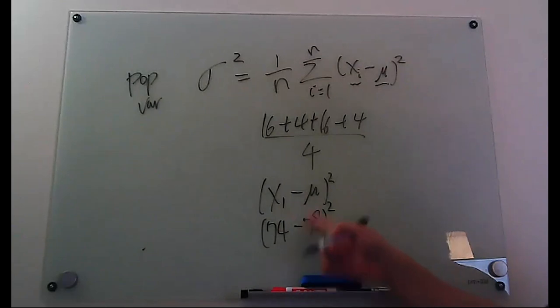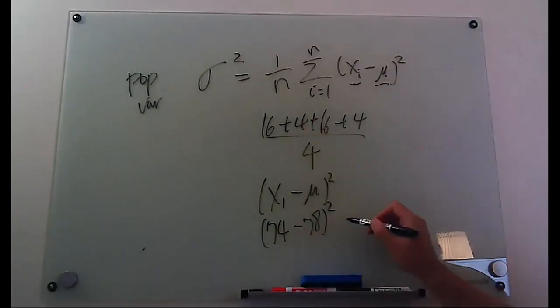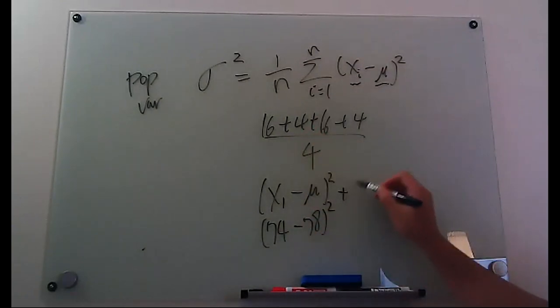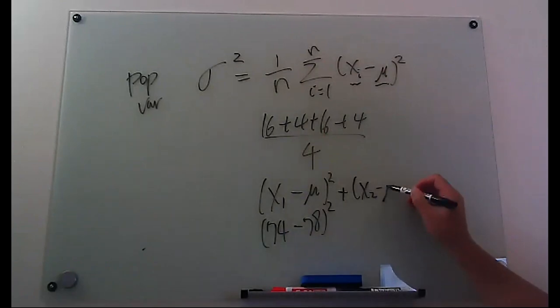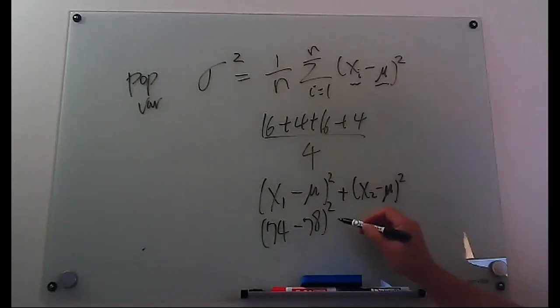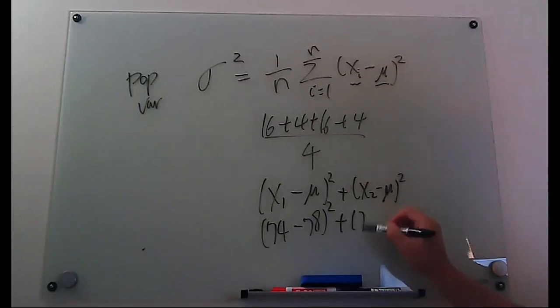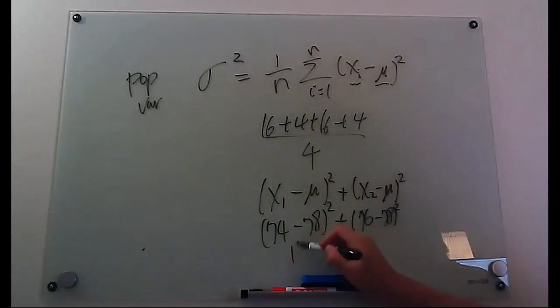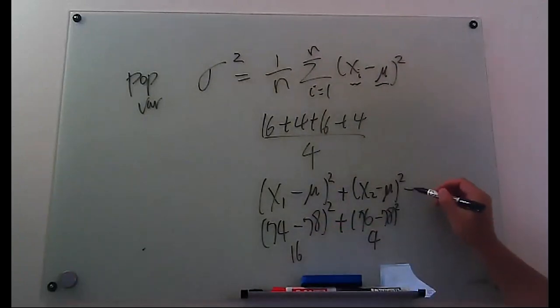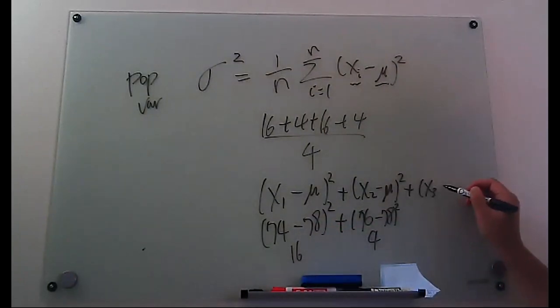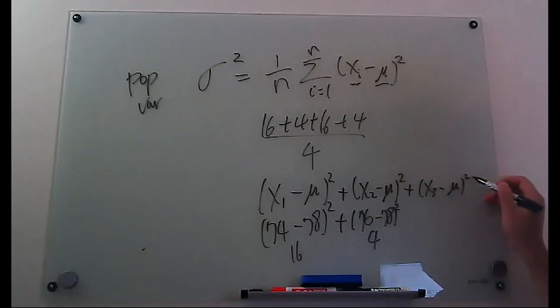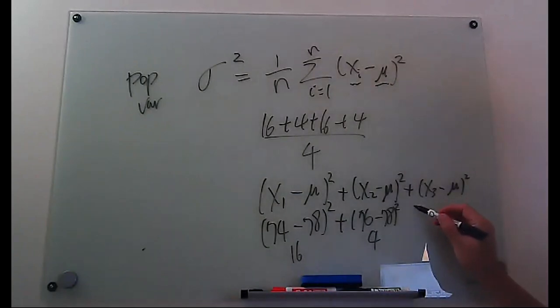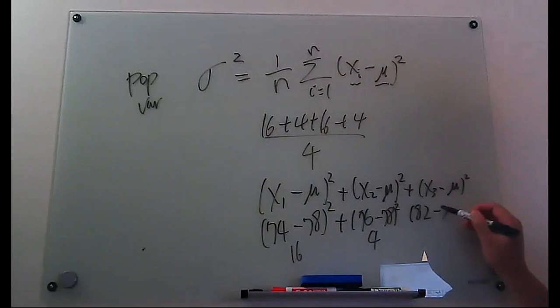That was 16. Plus x2 minus mu squared, 76 minus 78 squared, that was 4. And x3 minus mu squared, which was 82 minus 78 squared, which was 16.